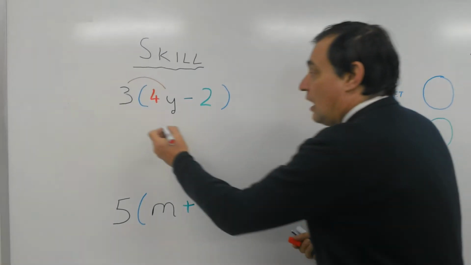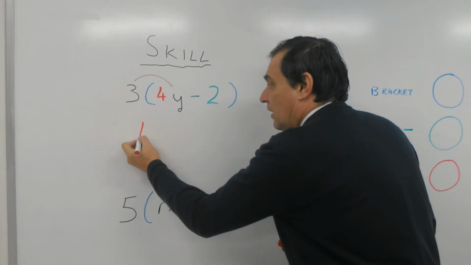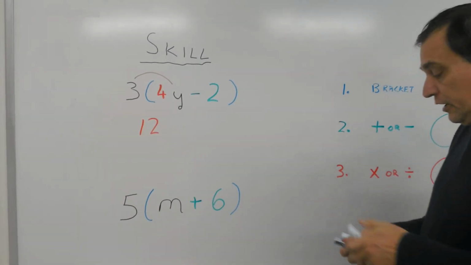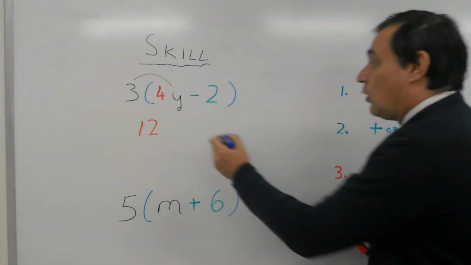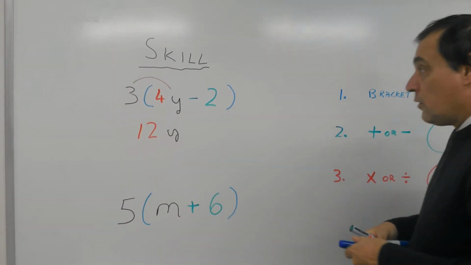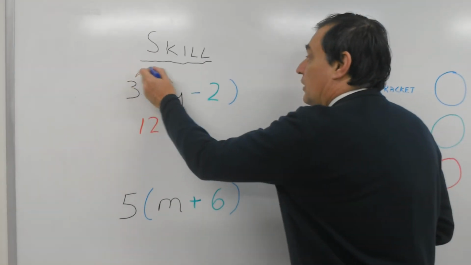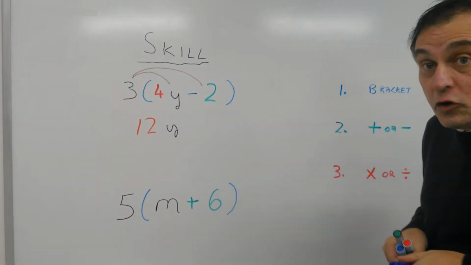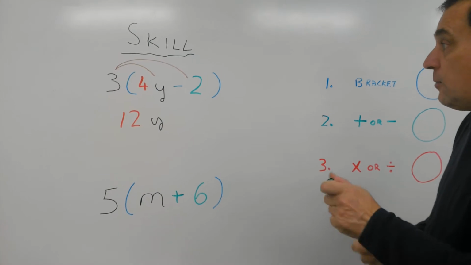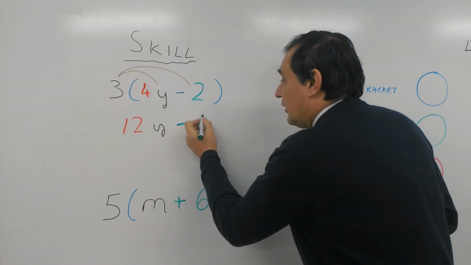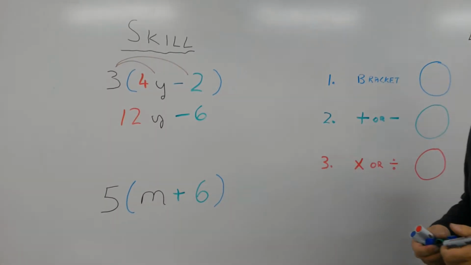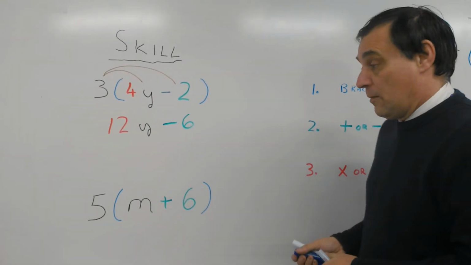That red 4 now becomes a red 12, because 3 4s are 12y. And then we've got to focus on the minus 2 bit. So now I've got to multiply the minus 2 by 3. That now becomes a minus 6. So multiplying that bracket out gives us 12y minus 6.